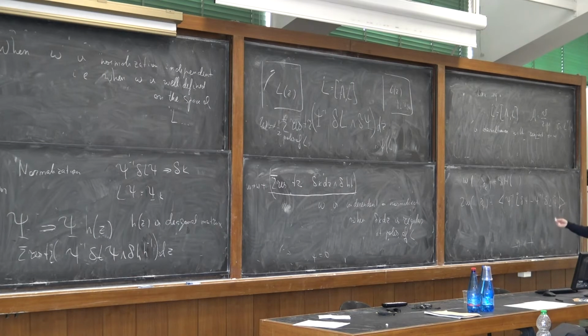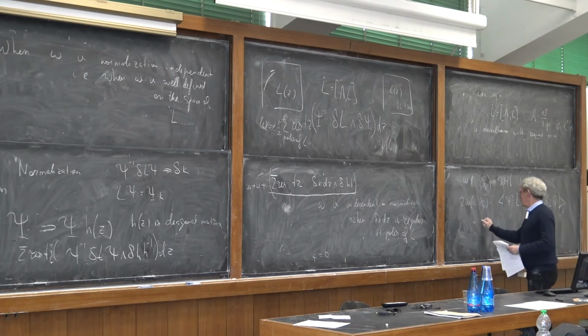These brackets mean I take the trace and residue and the sum of residues, this pairing. So what is it?